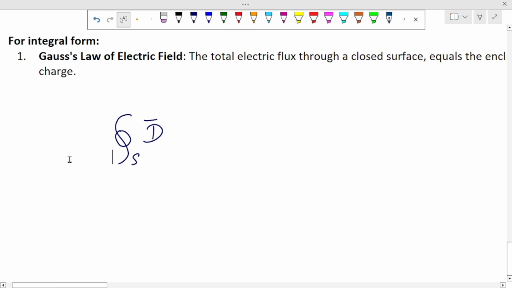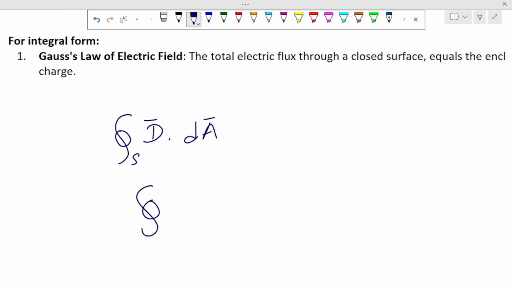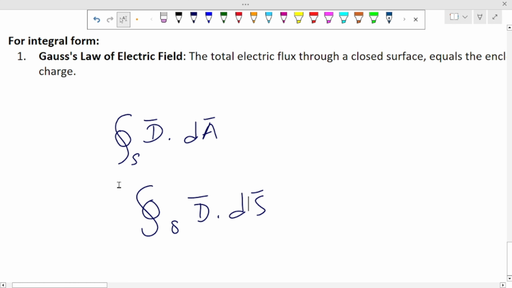Now we are integrating with respect to the surface area, A. If you check some textbooks, you will see dS instead. It's still correct, but let's just work with dA.